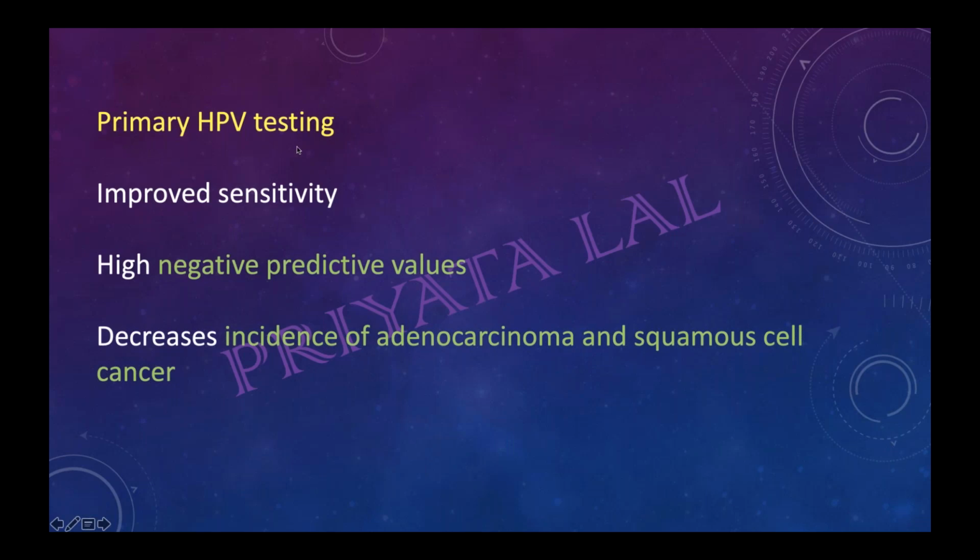And why have they put HPV screening as the primary test? Because it has improved sensitivity and it has a high negative predictive value, and it also decreases the incidence of adenocarcinoma and squamous carcinoma. All of this is directly from the guideline.